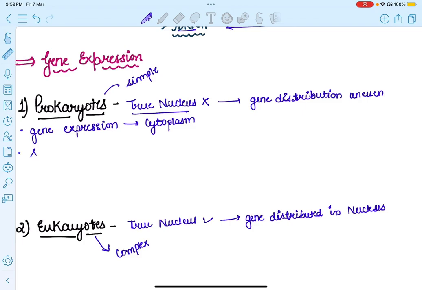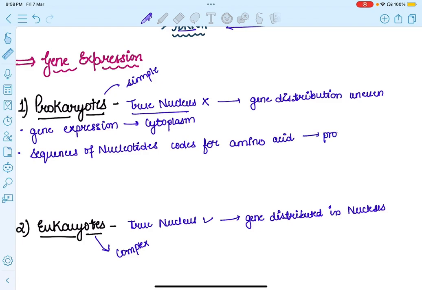Secondly, the sequences of the nucleotides code for amino acids to form into a protein, in which this procedure occurs in two stages.